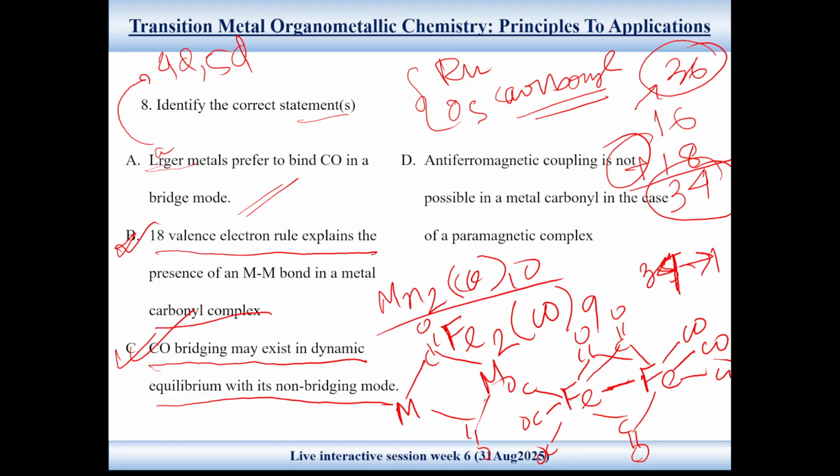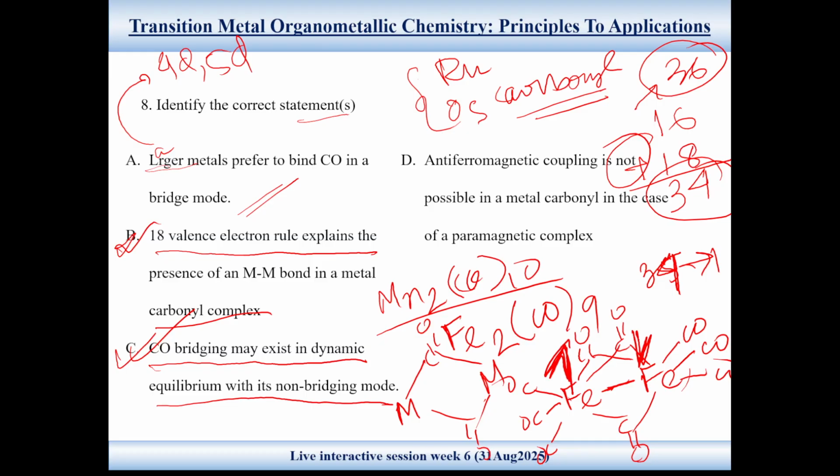Yes, it is possible, because if you have a paramagnetic species, let's say you have one unpaired electron on one metal center, say iron, and another iron having another unpaired electron, that unpaired electron may lower the spin because of this Fe-Fe bonding or through-bond interaction. Because of this, the magnetic property of this compound will be less because of the antiferromagnetic coupling.